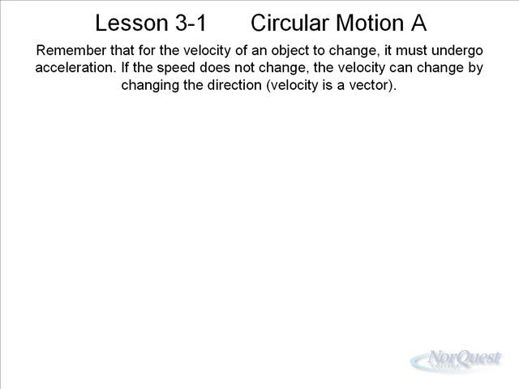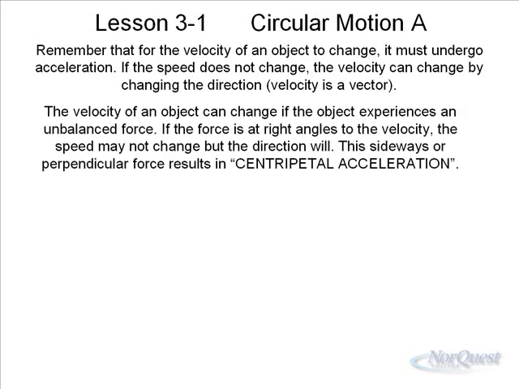Velocity is a vector, it has direction. Now sometimes the speed can remain the same and the velocity can still change by changing the direction, because velocity is a direction. The velocity of an object can change if the object experiences an unbalanced force.